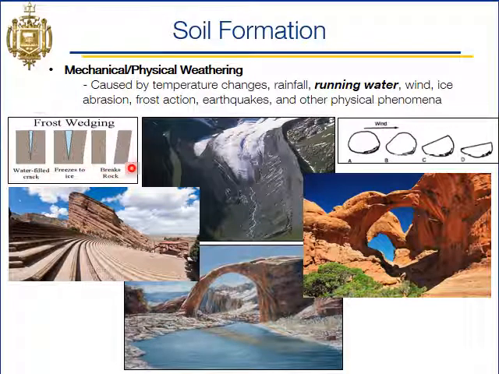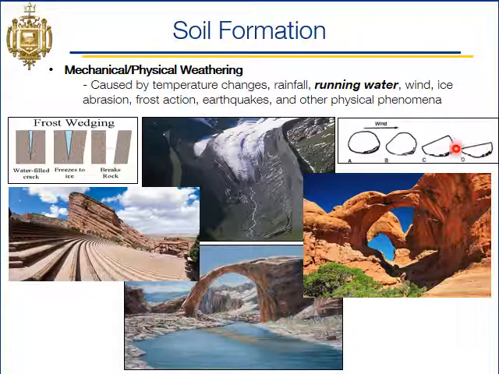Essentially rocks are all porous to some extent, and when those pores get filled with water and then that water freezes, the water expands, and that expanding water causes the rock to break. And when it breaks, now you have a larger void that can fill with more water, and then that freezes and that breaks the rock even more. So continually frost wedging and breaking that large rock into smaller and smaller pieces.